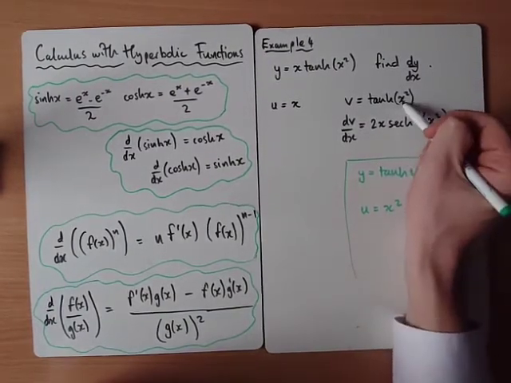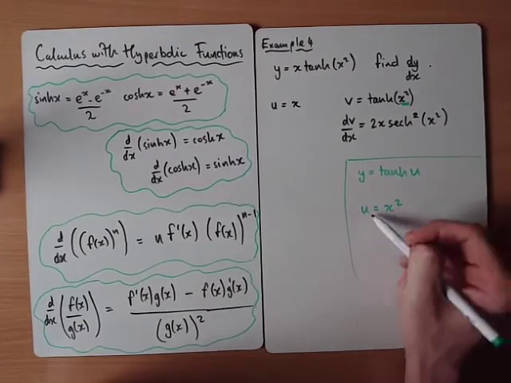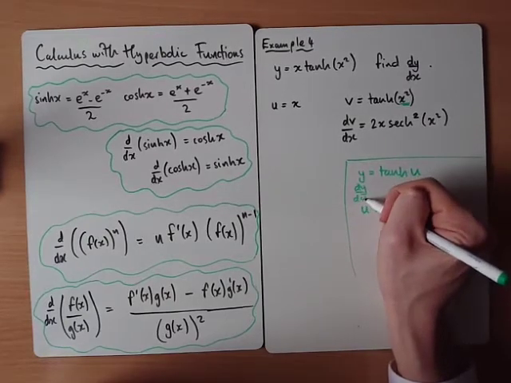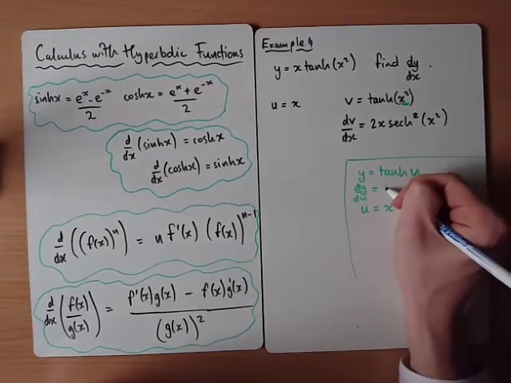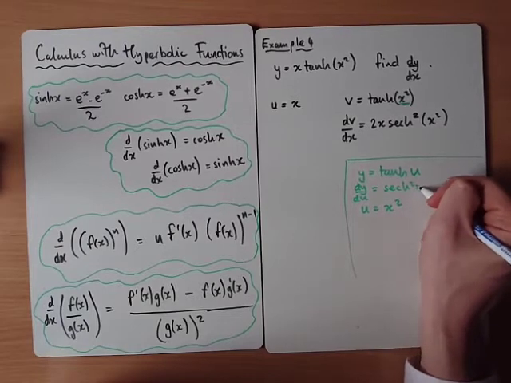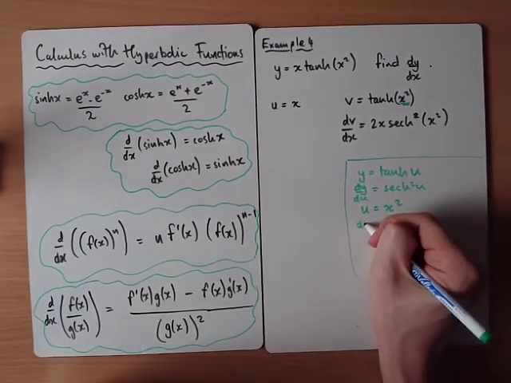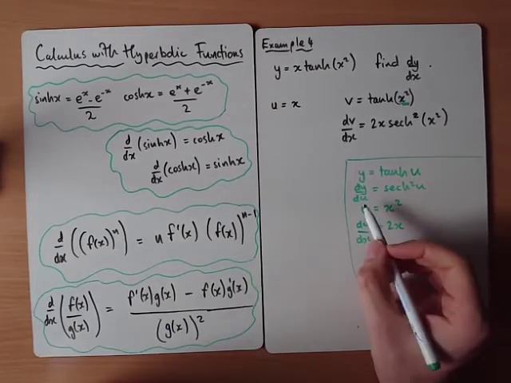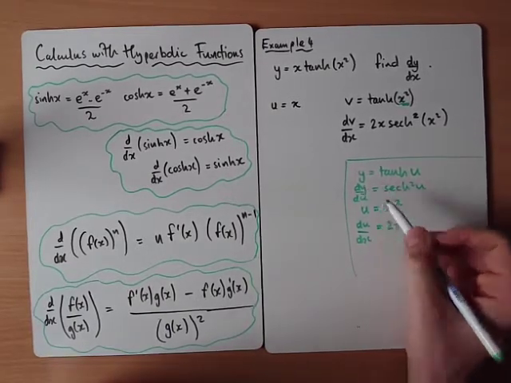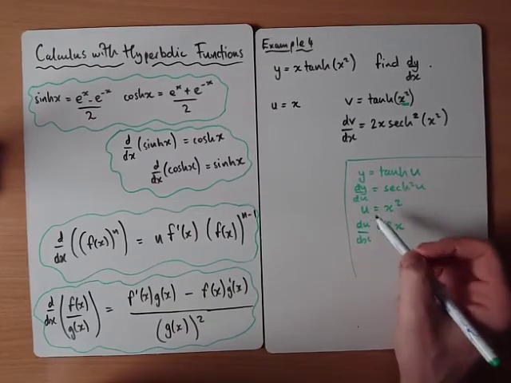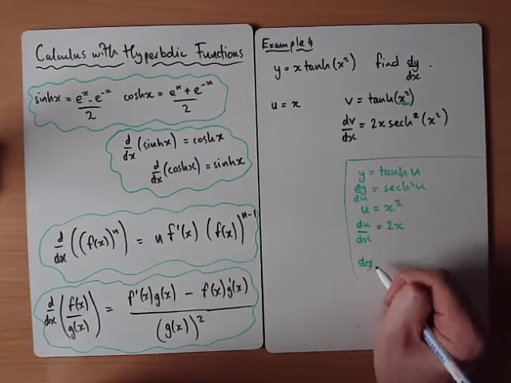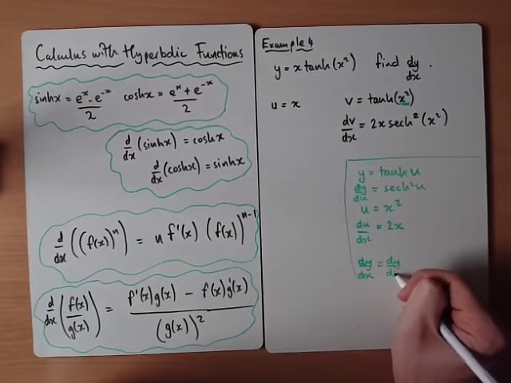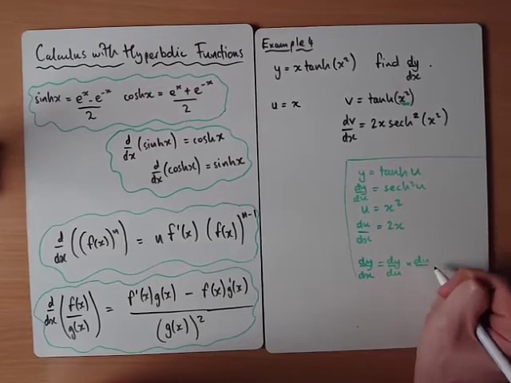So when you get a function inside another function, you can just use a simple substitution. dy by du, so tan differentiates to sec squared u. du by dx would equal 2x. And something you've seen a lot of in A-level maths, if you've got dy by du and du by dx, but you want dy by dx, that would be dy by du multiplied by du by dx.